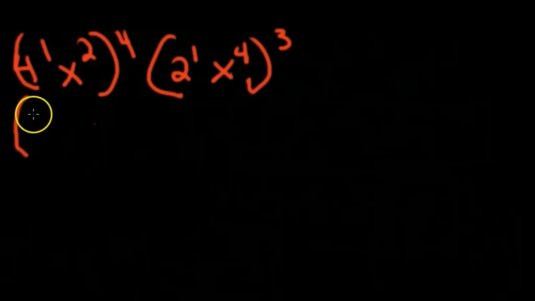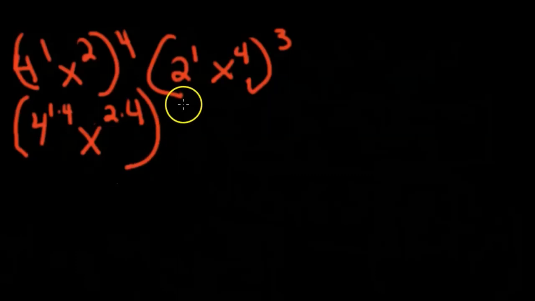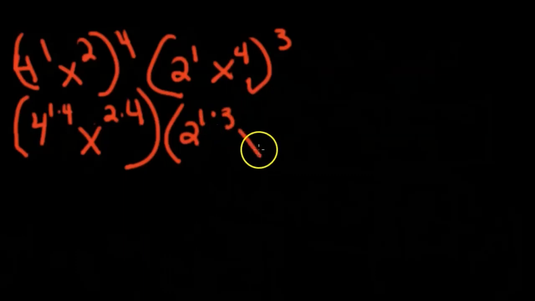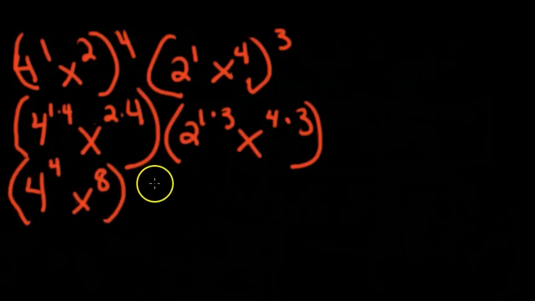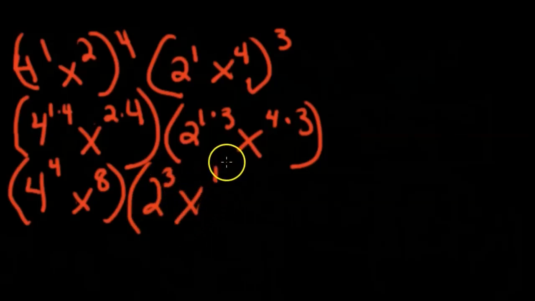So over here we have 4 to the 1 times 4, x to the 2 times 4, and then 2 to the 1 times 3, x to the 4th times 3. Okay, so right here it would be 4 raised to the 4th power, x raised to the 8th power, 2 raised to the 3rd power, and x raised to the 12th power.